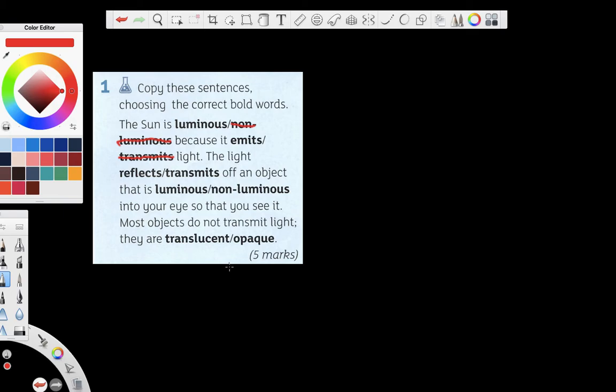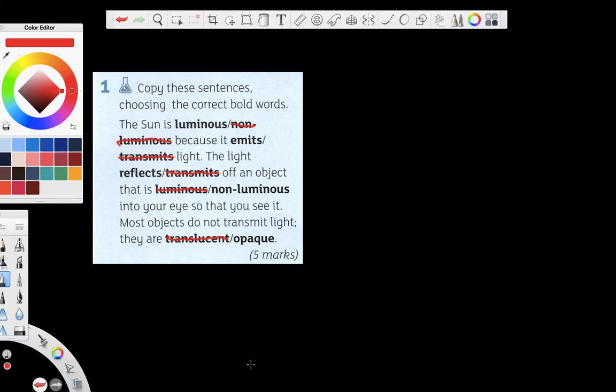The light reflects off an object that is non-luminous into your eyes so that you can see it. Most objects that do not transmit light, they are opaque.